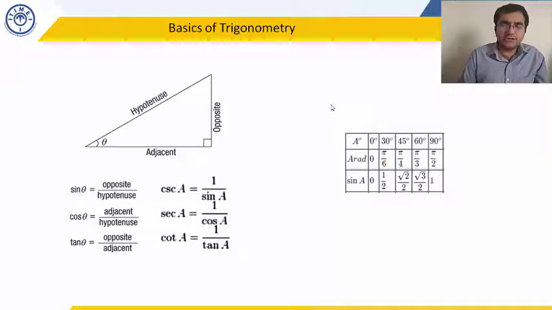Now the values that you need to know are sin 0 is 0, sin 30 degrees is half, sin 45 degrees is 1 by root 2. You need not write this as root 2 by 2. In your copy, you can write it as 1 by root 2. Sin 60 degrees is root 3 by 2, and sin 90 degrees is 1.